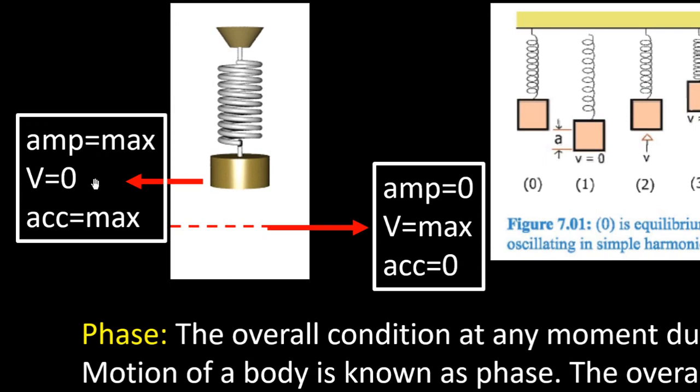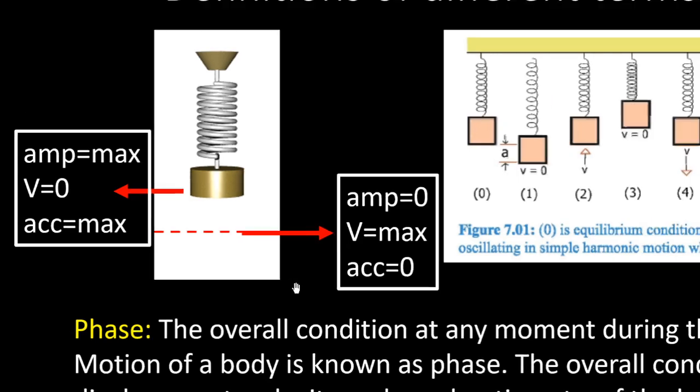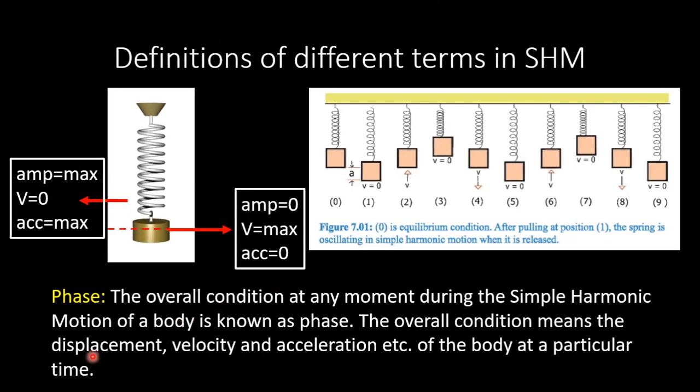As a result, it has maximum restoring acceleration, but at the top position it has velocity of 0 m/s. That is why at different moments the object has different values of displacement, velocity and acceleration. This overall condition is called the phase of the object at a particular moment or time.